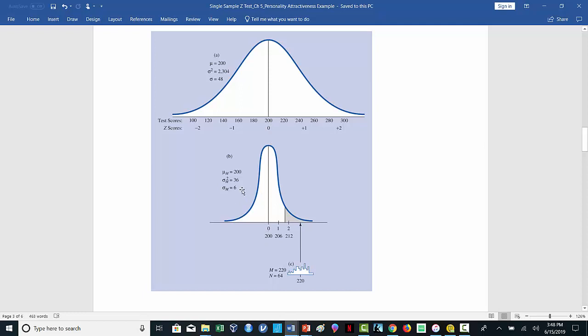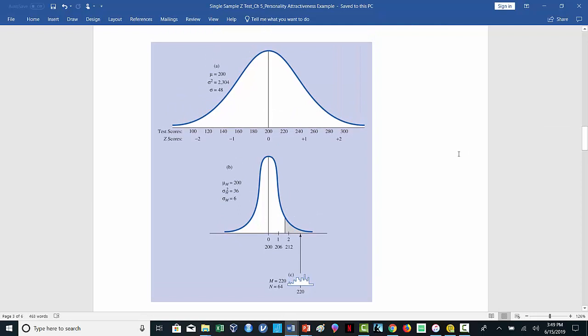But notice the standard deviation is smaller in a distribution of means compared to a population distribution. That's because if you are averaging a whole bunch of individuals, particularly with a large sample size, you tend to average out the extremes, and the mean you get is going to tend to be closer to the population mean.